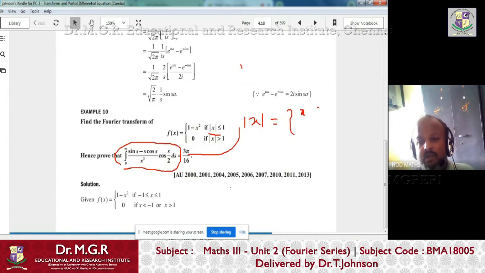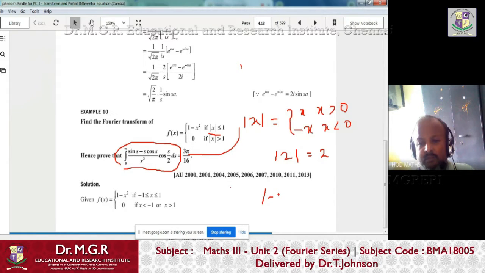It takes x as x itself when x is positive. Suppose you take x equals 2. So 2 is positive, so the mod 2 value is as it is; mod x equals x itself. Suppose x takes a negative value, then mod x takes the value minus x. What is the meaning?